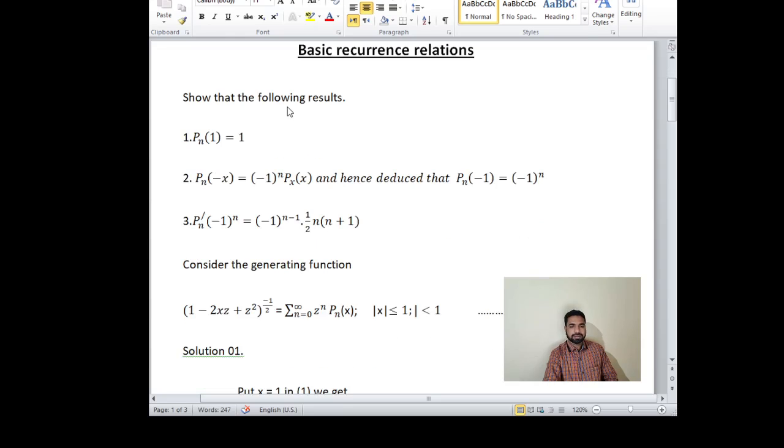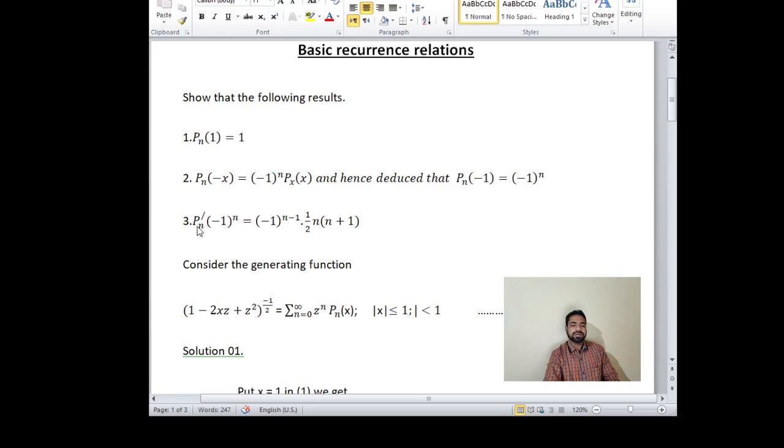Show that the following results. First result: Pn of 1 is equal to 1. Second result: Pn of minus x is equal to minus 1 raised to n Pn of x, and hence deduce that Pn of minus 1 is equal to minus 1 raised to n.